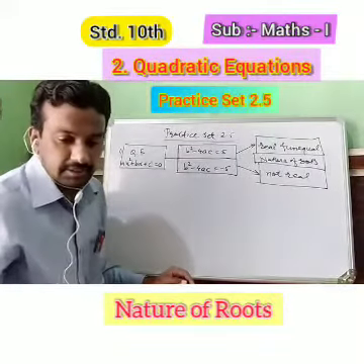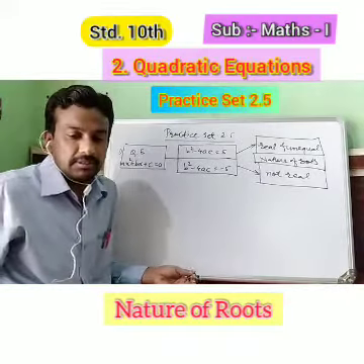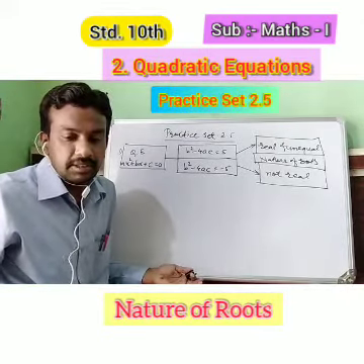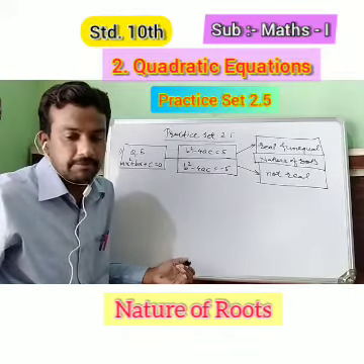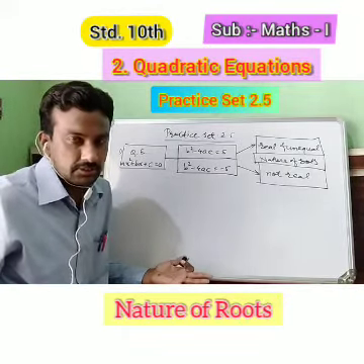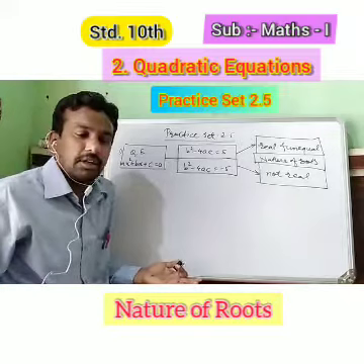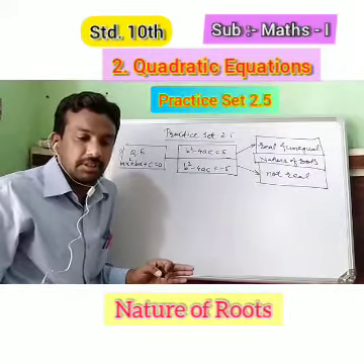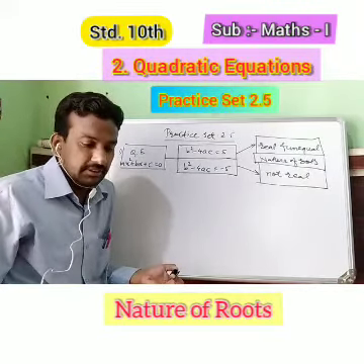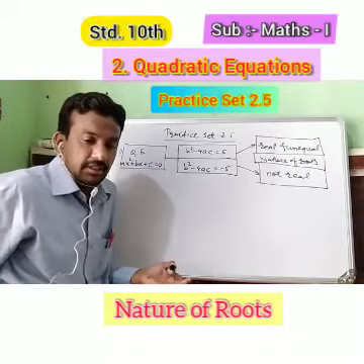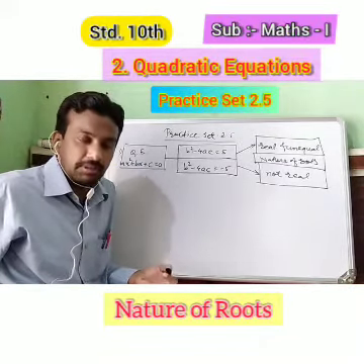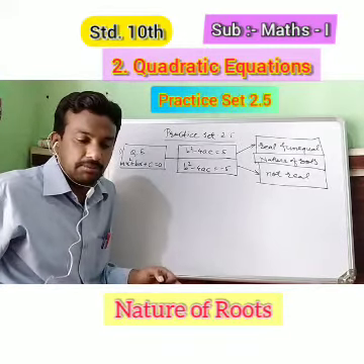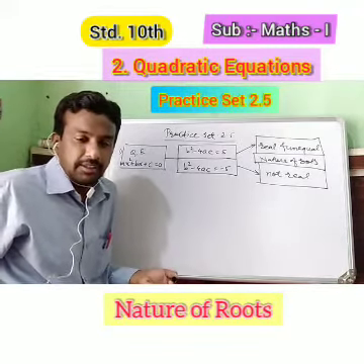Now second, sum of the roots is given, it is minus 7, and product of roots is given, minus 5, and find the quadratic equation. For that, we know the relation between roots of the quadratic equation and coefficients: alpha plus beta is equal to minus b upon a, and alpha into beta is c upon a.